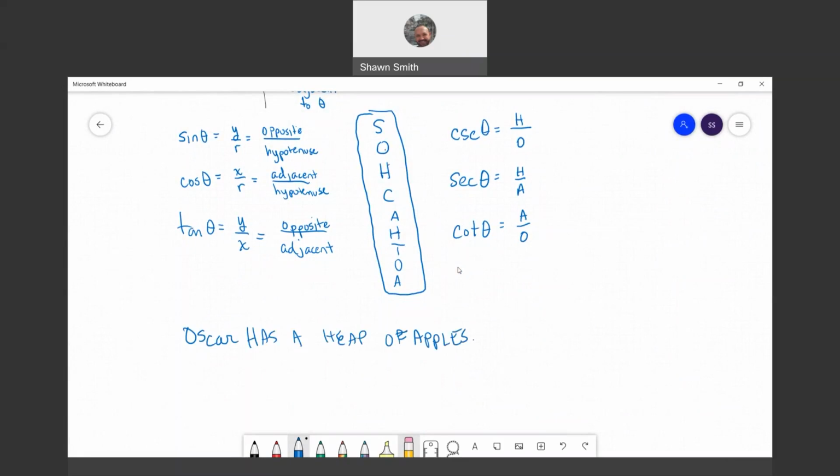I like this one. This one always stuck. I never forgot it. I still think about it even as I teach this.